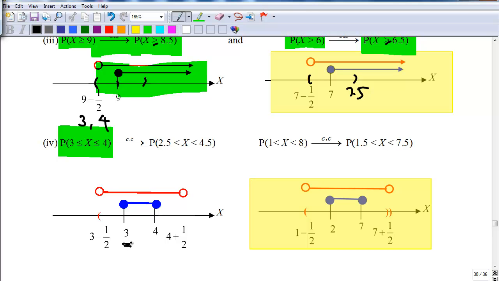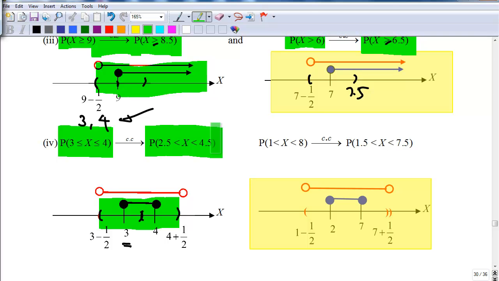Numbers that when corrected to the nearest whole number are 3 will be everything from 2.5 to 3.5. Then what about the number 4? Numbers that will be 4 are 3.5 to 4.5. So that means I have to include everything from 2.5 to 4.5. That's how I get this.